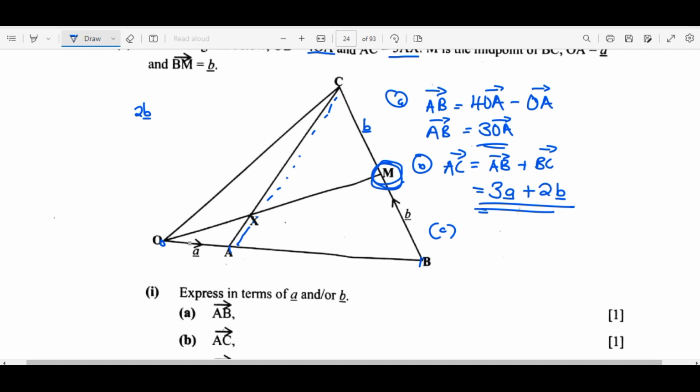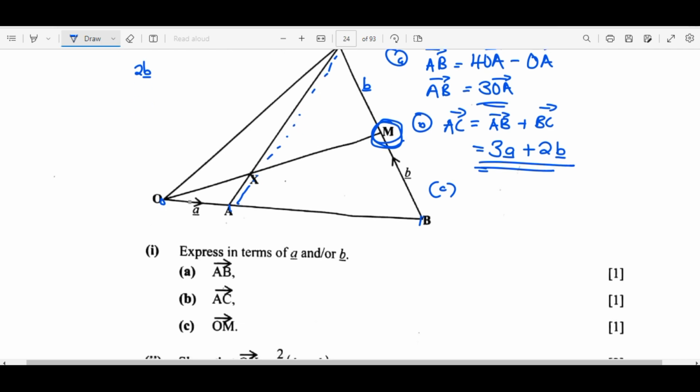We can move to C now. So C is OM. So O, where is O? So OM. What route can we use? We're going to use OM.